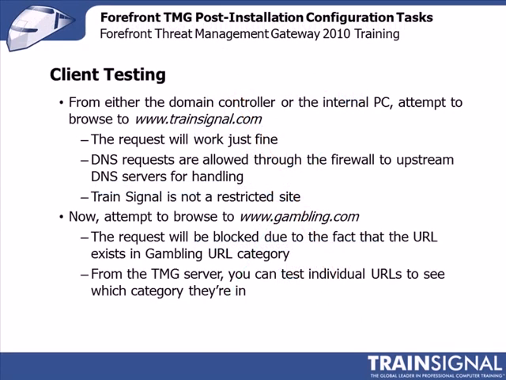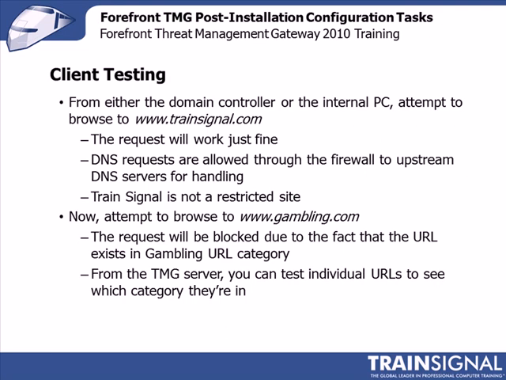Now let's do some testing to see what happens. First of all, from the internal PC, the Windows 7 PC that GlobalMantics has sitting on the internal network right now, we're going to attempt to browse to www.trainsignal.com. We're going to find that this request will work just fine. Remember, DNS requests are now allowed through the firewall to upstream DNS servers for handling, so we won't have any problems with that.